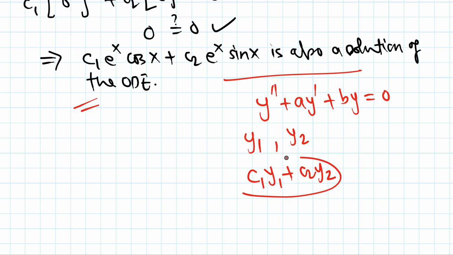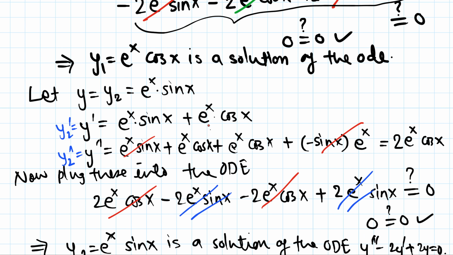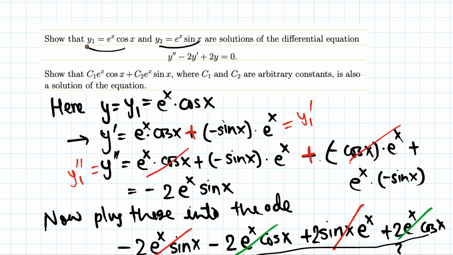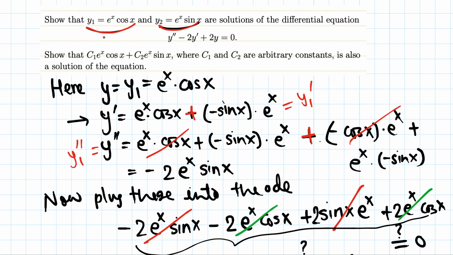Okay, and this solution is called the general solution. And essentially we proved this one here. We showed y1 a solution, y2 also a solution, then we showed c1 first solution plus c2 second solution is also a solution. Okay, final.